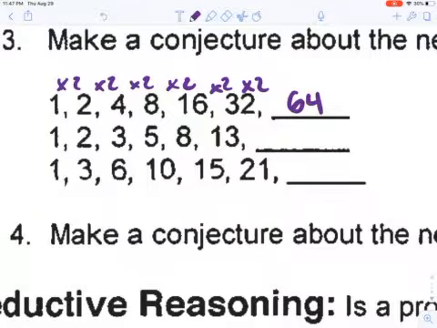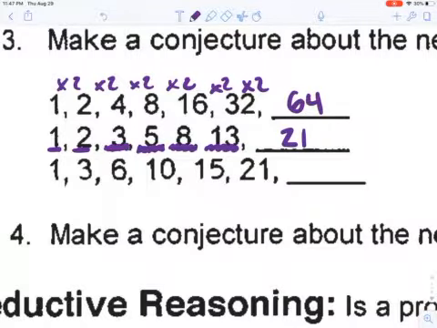What is happening in this pattern is that 1 plus 2 equals 3. 2 plus 3 equals 5. 3 plus 5 equals 8. 5 plus 8 equals 13. So to get the next number, you must add the 2 previous numbers. So when we add 13 plus 8, we get 21.